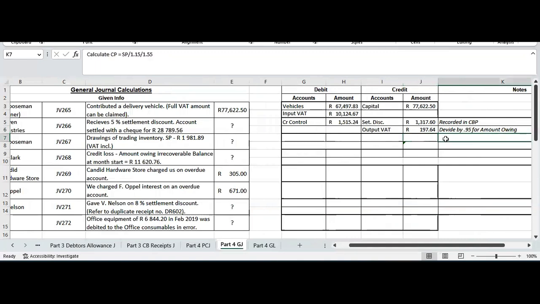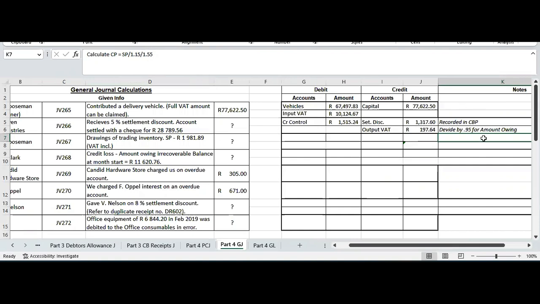Okay, so let's have a look here. First thing we must do is calculate the cost price, because then we will know what it took. The cost price will be the selling price divided by 1.15, because we have to take out the 15% VAT, and we know that we are working with 55% markup on cost, so we have to divide it further by 1.55.